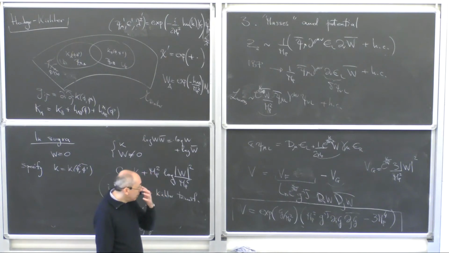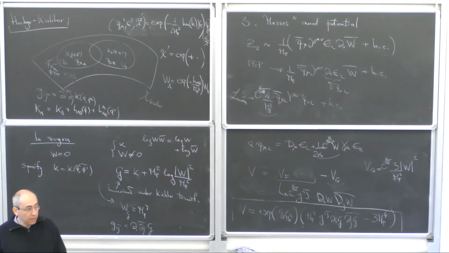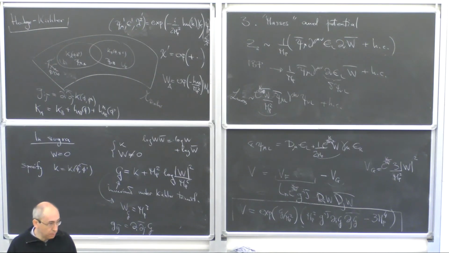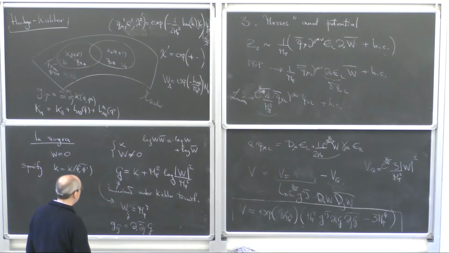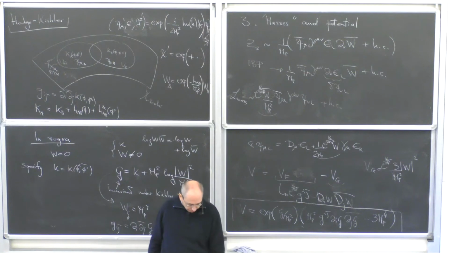Okay? So Kähler potential and superpotential in supergravity are not independent inputs. You can absorb the superpotential in the Kähler potential by a Kähler transformation.